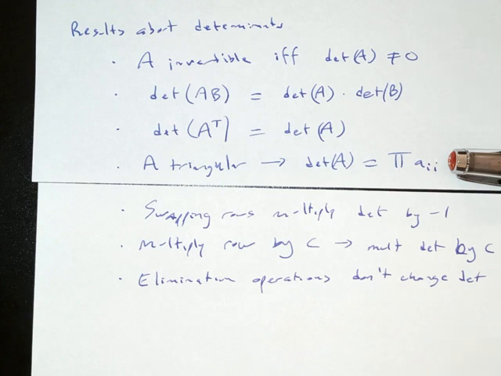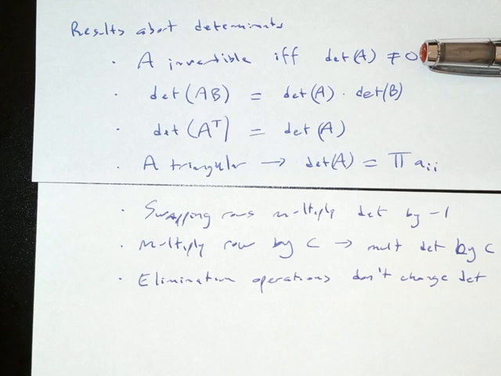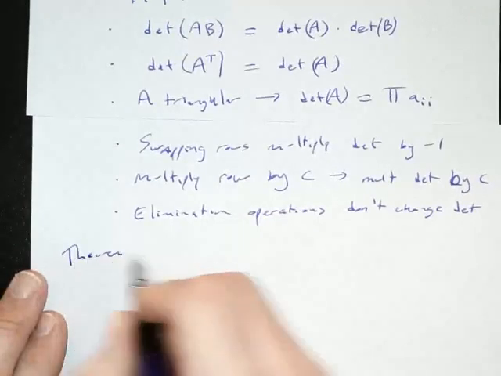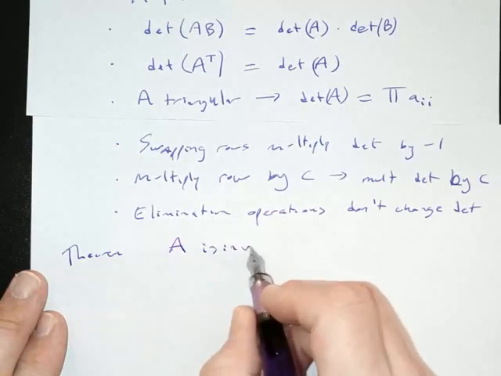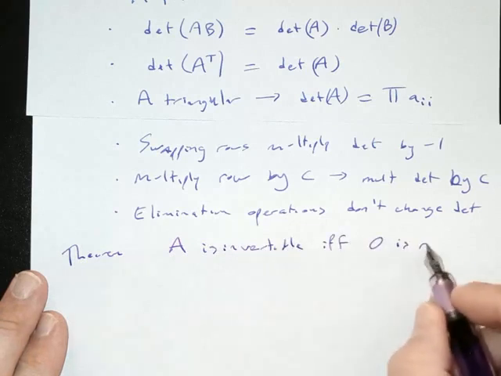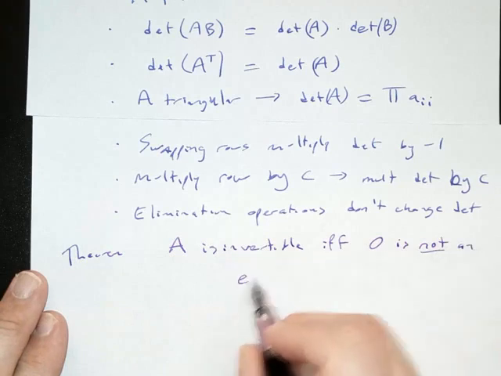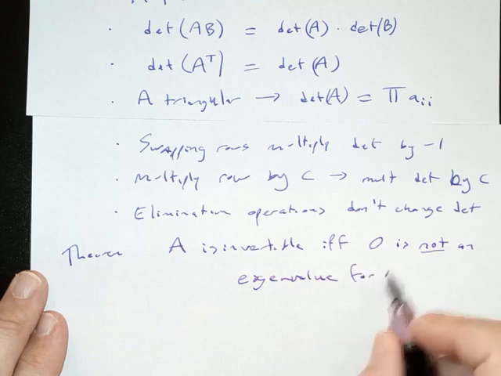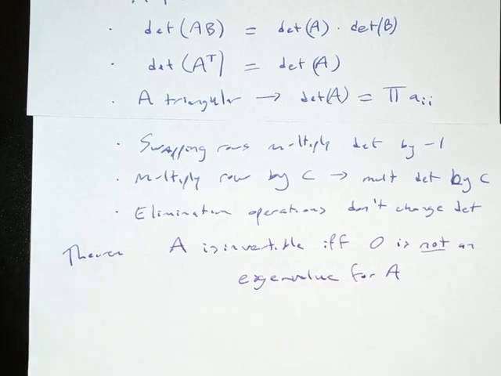Then, if there's a 0 on the diagonal, it must not be invertible. Which means, since the eigenvalues come from the diagonal, A is invertible if and only if 0 is not an eigenvalue for A.